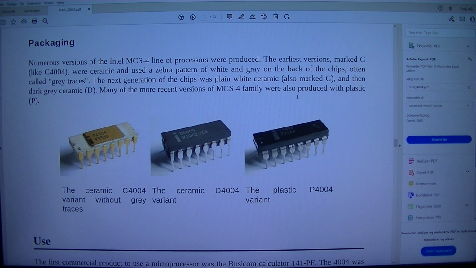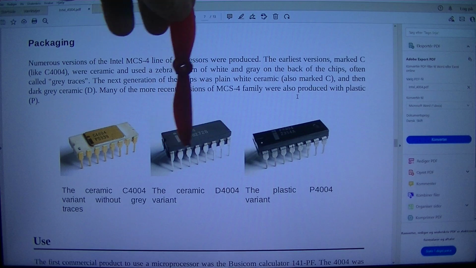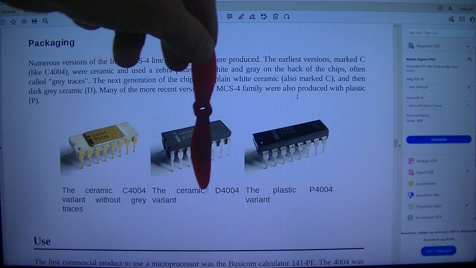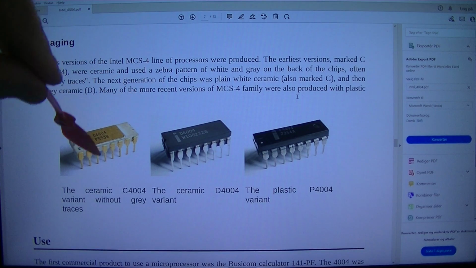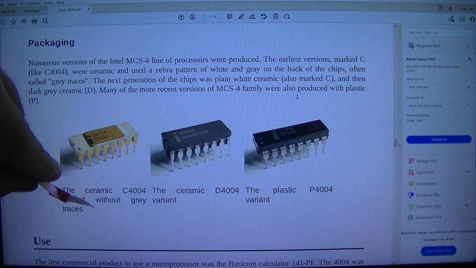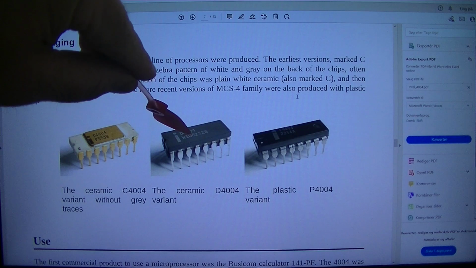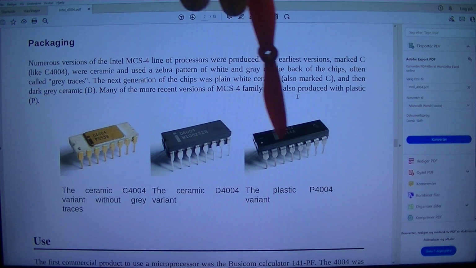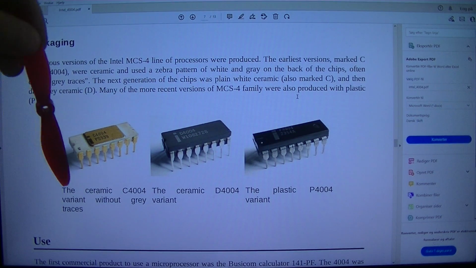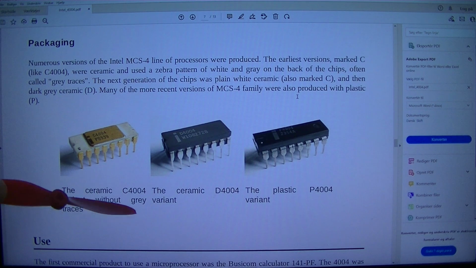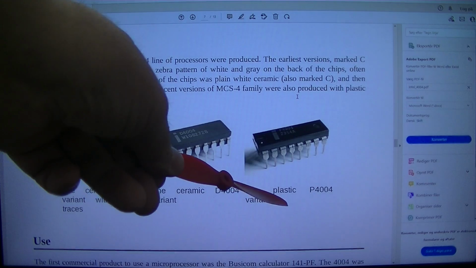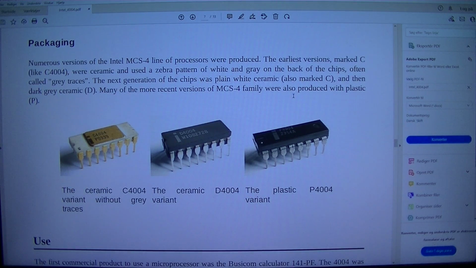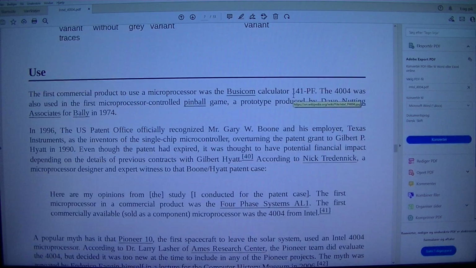The next generation of the chips was plain white ceramic, also marked C, and gray ceramic, D. Many of the more recent versions of the MCS-4 family were also produced with plastic, P. The ceramic C4004 variant without gray traces. The ceramic D4004 variant. The plastic P4004 variant.